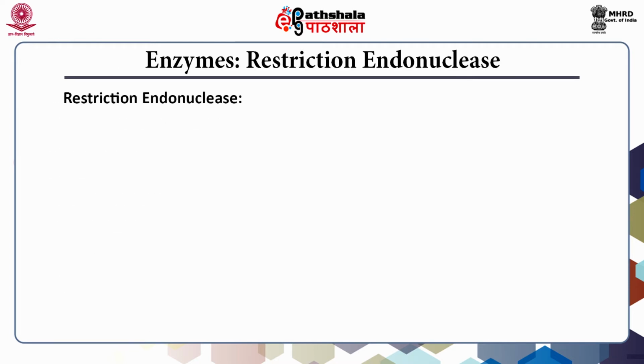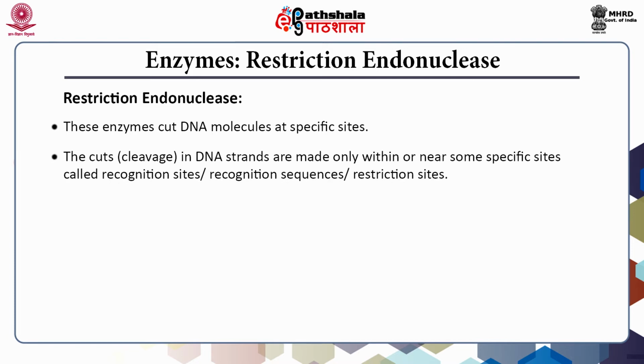Restriction endonucleases are essentially required for recombinant DNA technology. These enzymes cut DNA sequences at specific sites. The cuts or cleavage in DNA strands are made only within or near some specific sites called recognition sites or recognition sequences or restriction sites.